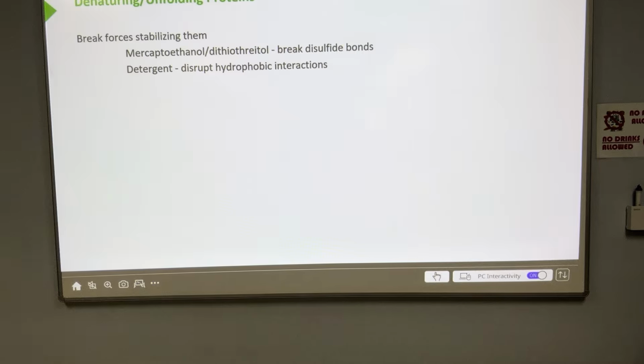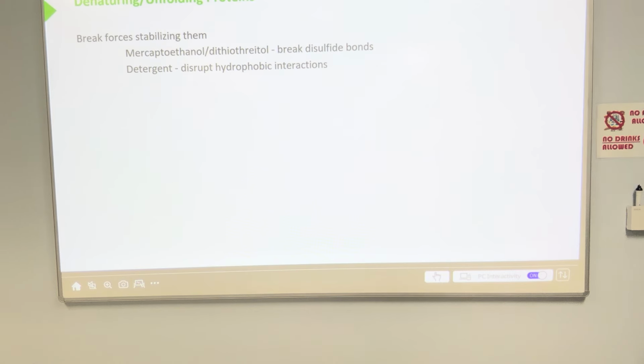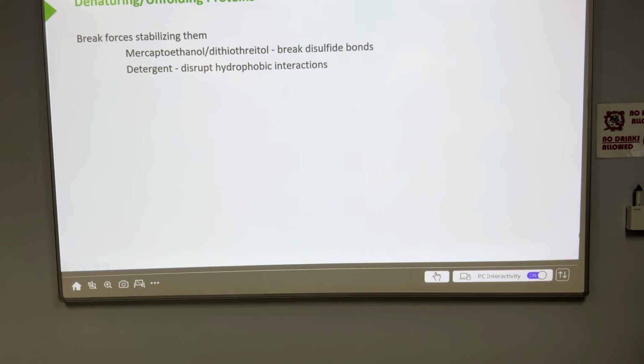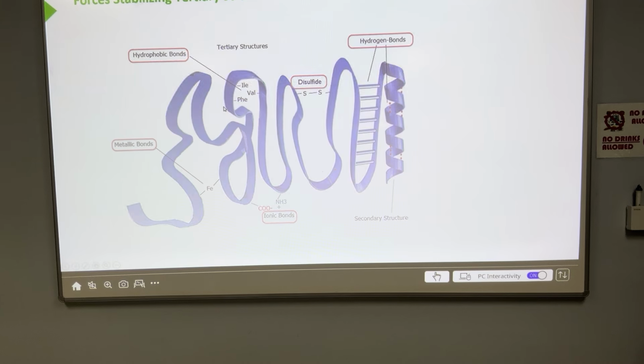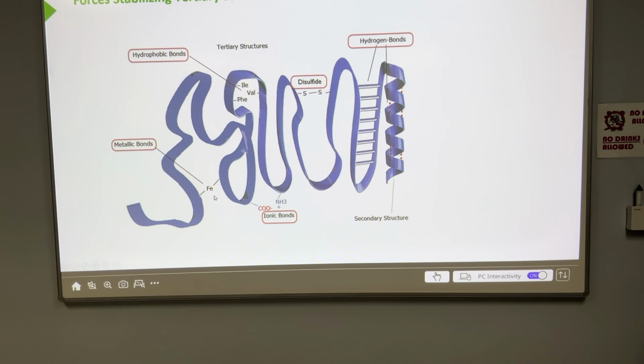Okay, questions? Yes. If we want to break apart a protein held together by hydrogen bonds, we heat it, because heat breaks hydrogen bonds. We add acid. Acid breaks hydrogen bonds. We disrupt the pH. If it has disulfide bridges, we add mercaptoethanol. If it has a lot of hydrophobic interactions, we put a detergent in there. Detergent is going to break it apart. Another agent we use is chelators, for metallic ions.